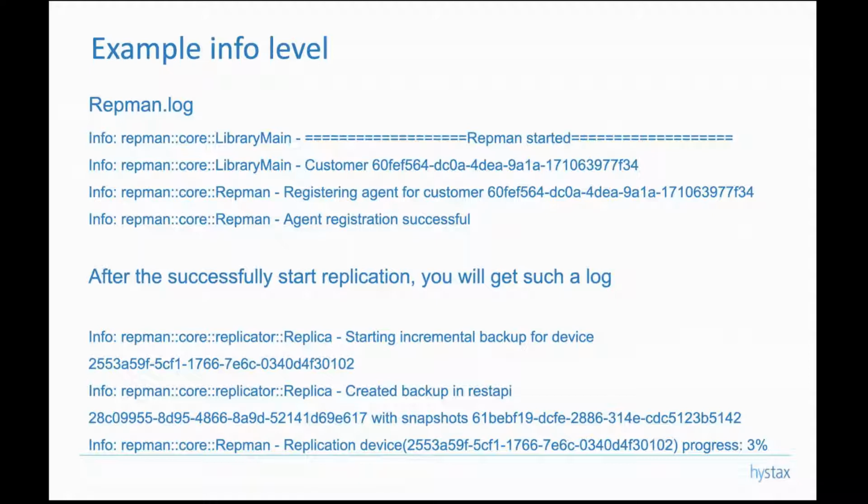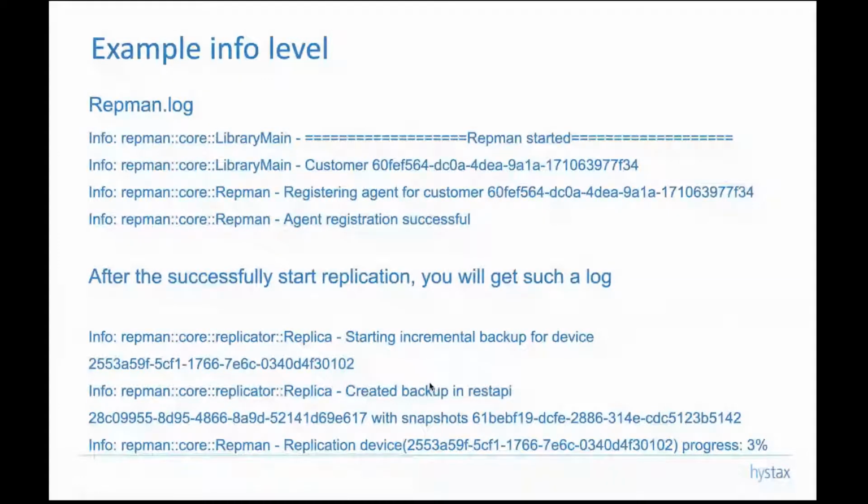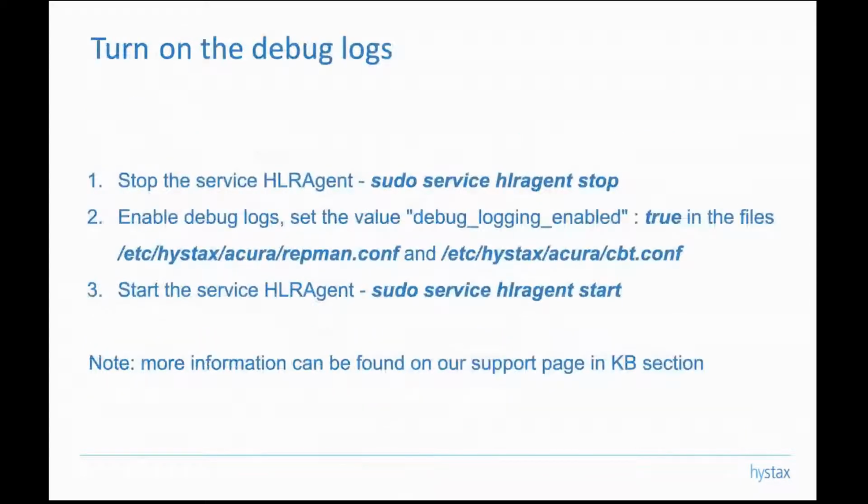Of course, the logs will look pretty much the same, but the difference will be in the CBT parts here, where they are starting their application processes, getting snapshots. All of this information will be in the agent log.